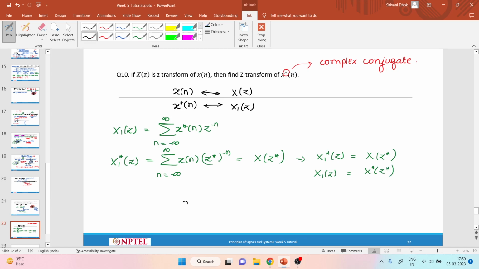Therefore, the Z transform of this function is simply x conjugate of z conjugate. And now the region of convergence should be such that z conjugate belongs to the region of convergence of x. So suppose this has a region of convergence r1, then z conjugate should belong to r.